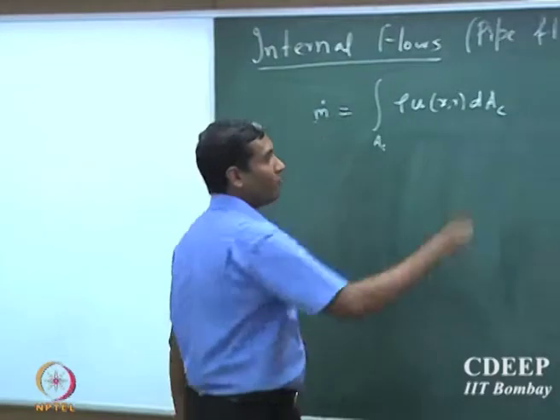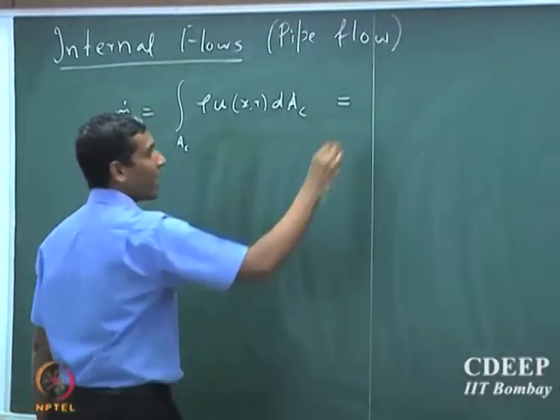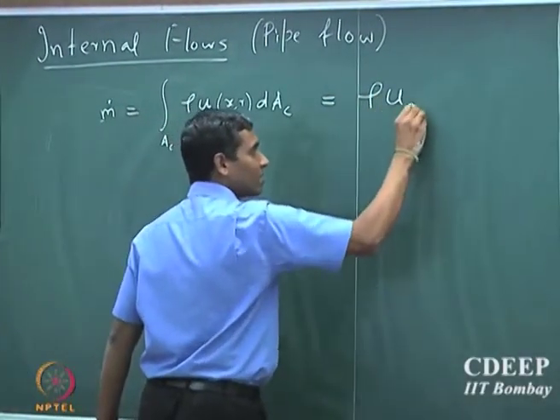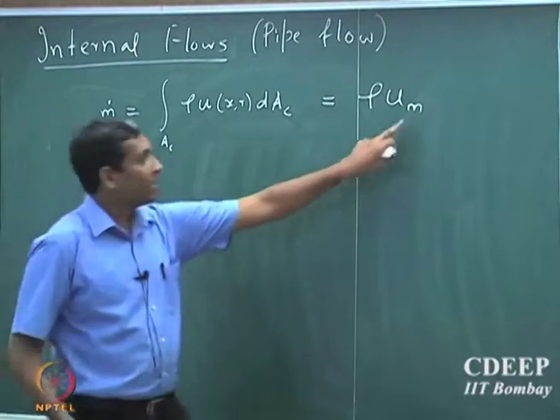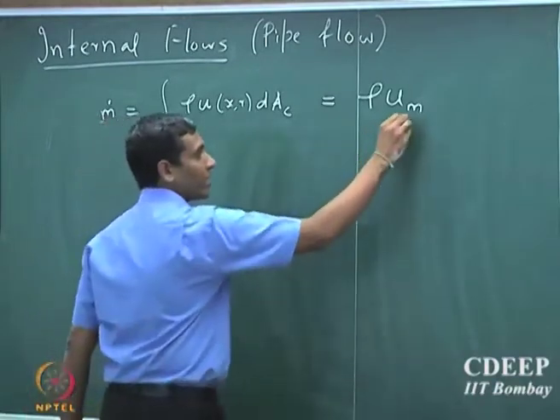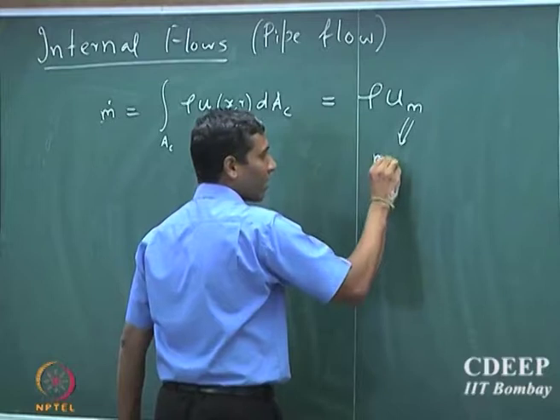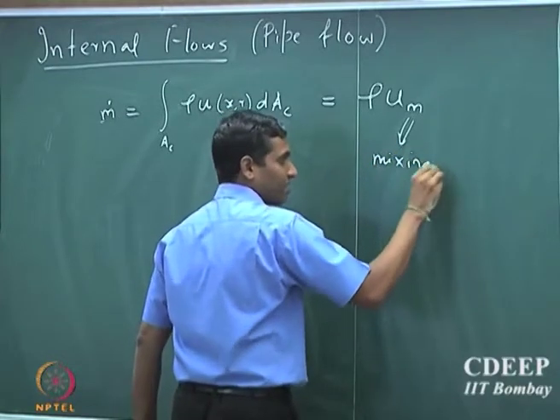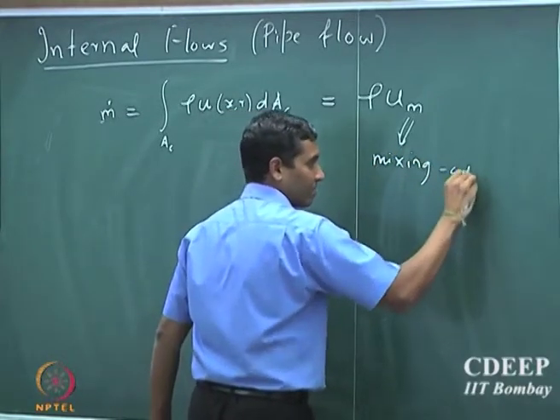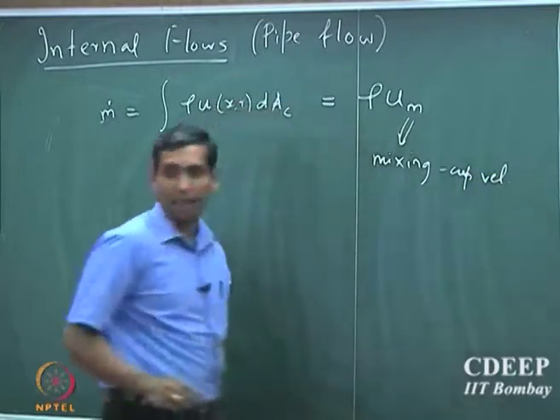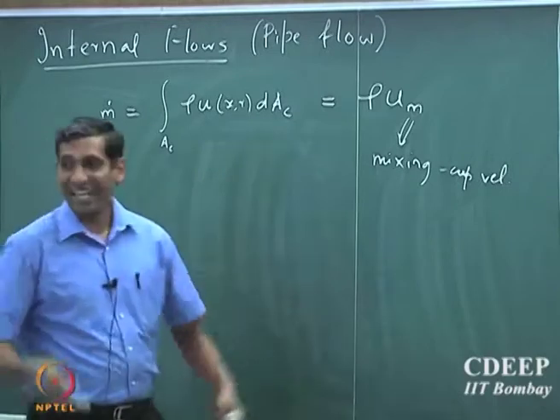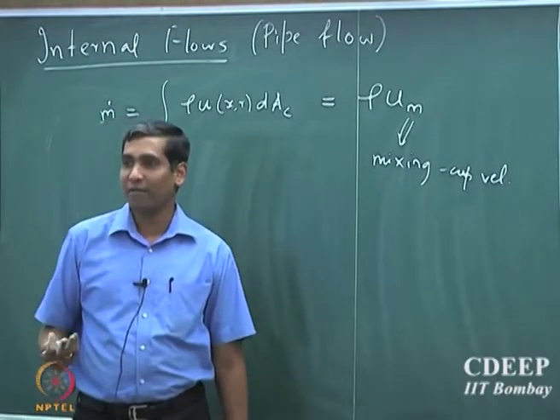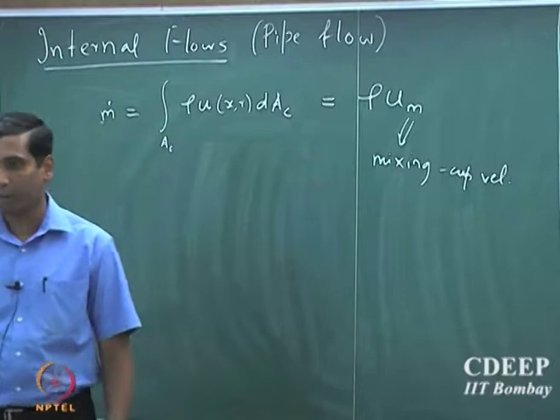So now we can define this as rho times u_m times A_c. So u_m is the average velocity, and I put m here because in classical literature it is also called the mixing cup velocity, either cup mixing or mixing cup. Mixing cup, or cross sectional average quantity, is called a mixing cup quantity.